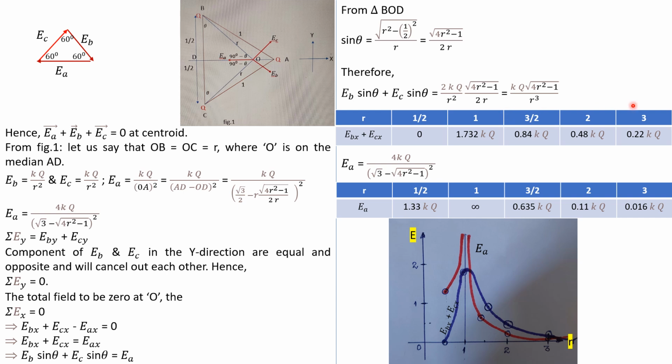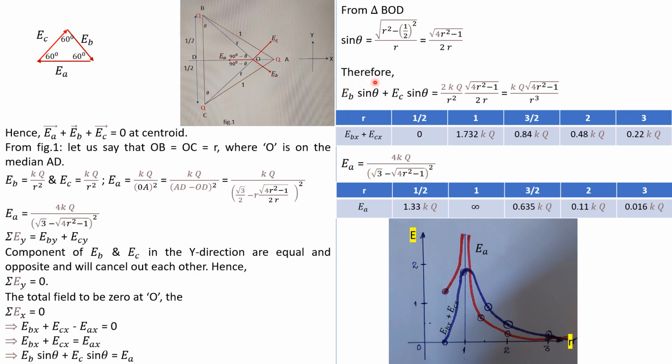This table we have made to draw a graph. In the same way for EA, we have started from 1 by 2, and at r equal to 1 the denominator will become 0 and EA will become infinity.